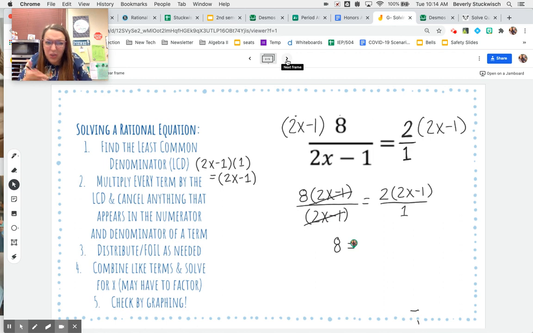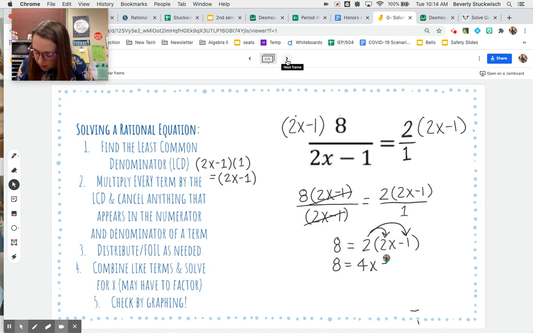On the right, we don't have to write that over 1 anymore. So I've just got 2 times 2x minus 1. Okay, I can distribute that 2 or divide both sides by 2. Either way will work. And then just continue to solve for x. And we get x is 2.5.